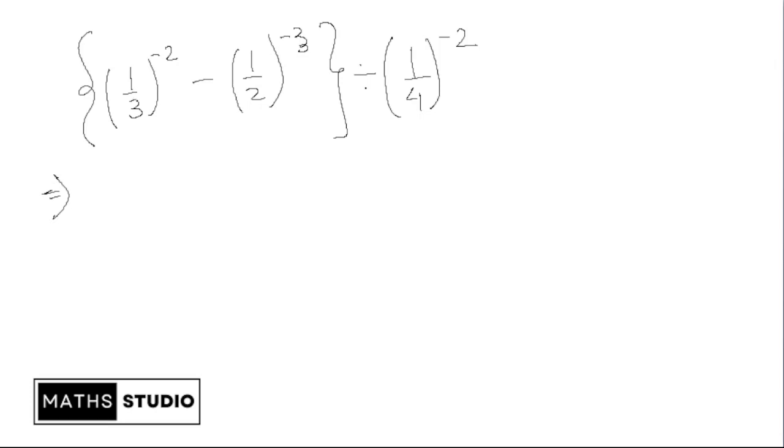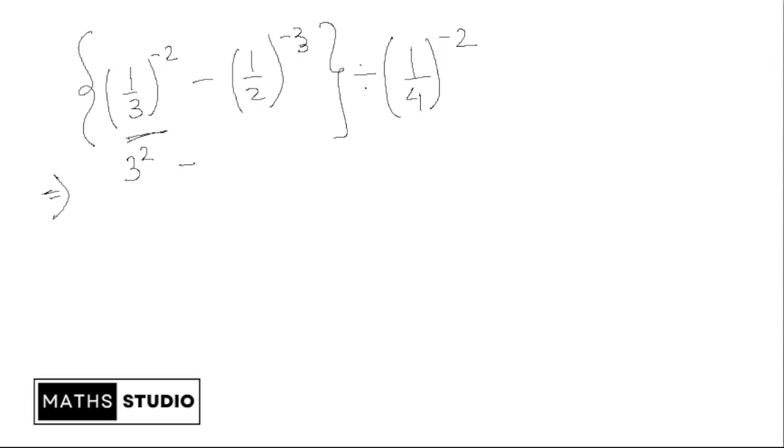So we can see 1 by 3 to the power minus 2. So what do? We can simply write this as 3 to the power 2. How? Because this is 3 to the power minus 2 in denominator. If we bring it to numerator, it becomes 3 to the power 2. So this fear is taken care of.